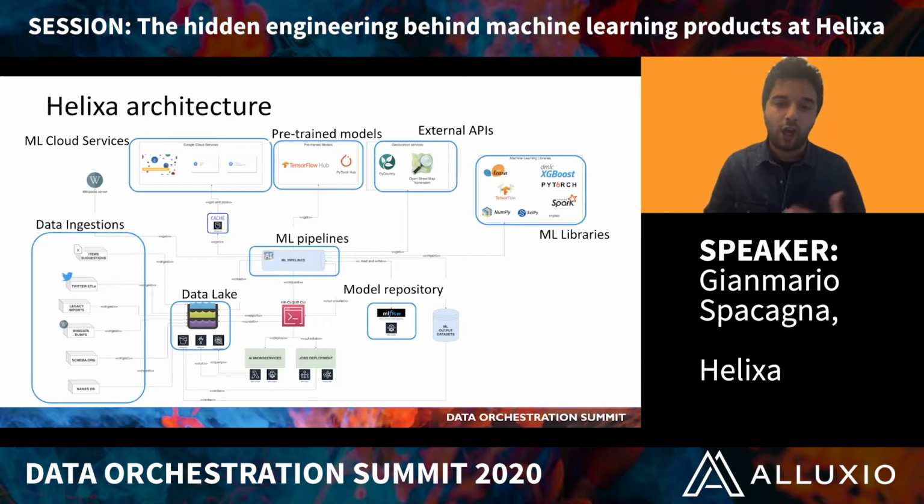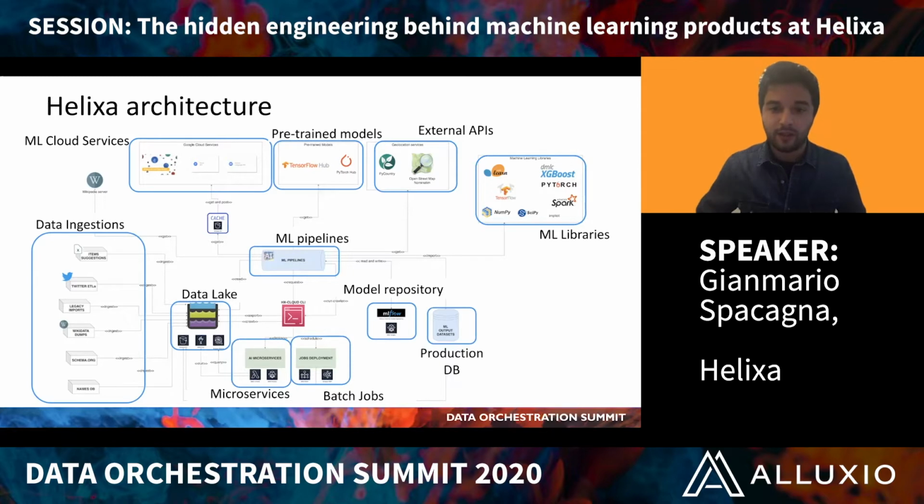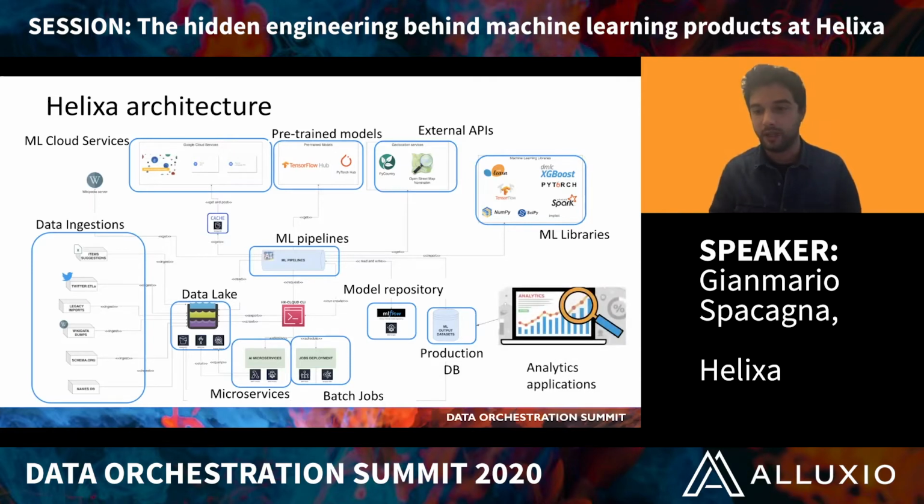As part of the jobs, we are going to create some models and store them into a repository. And the deployment is going to be either through batch jobs or through microservices. The final outputs are then stored into the production DB that will enable the analytics applications. Okay, this is the whole architecture.